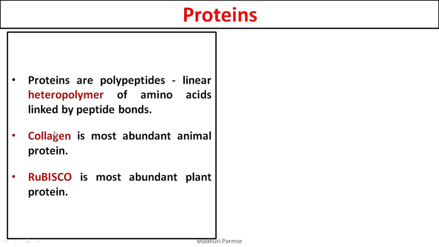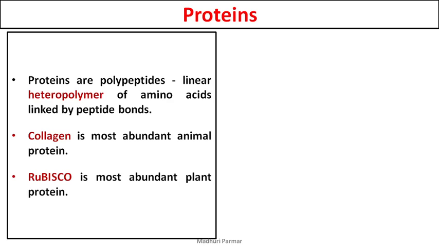Now, just some facts. Collagen is the most abundant animal protein. Collagen, as you must have studied, is found in your extracellular matrix, in your tissue. Then it is found in your bones, it is found in your skin. So, collagen is the most abundant animal protein. And rubisco is the most abundant plant protein.